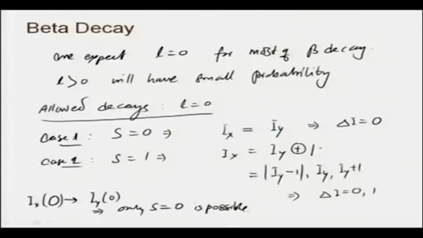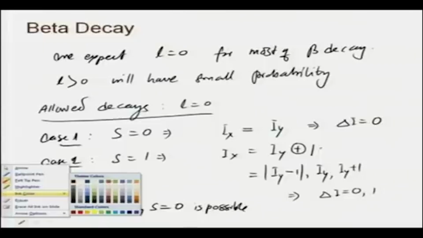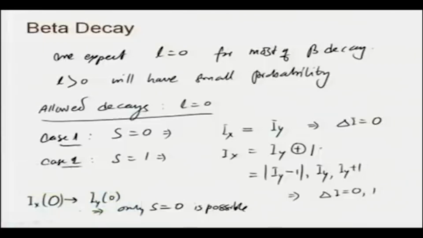If it is an S equal to 0 transition, we will call this a Fermi type, and if it is equal to 1, we call this a Gamow-Teller type.